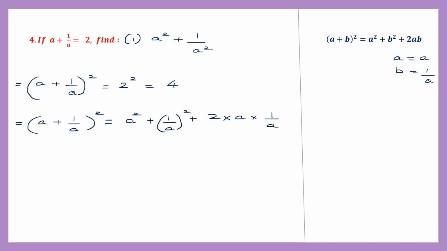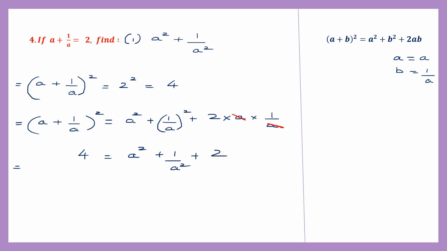So now here what do we do? So this is a plus 1 by a this whole square, which we have found out to be 4. So we can substitute and write 4 here, and here a square is a square, plus 1 square is 1 and a square is a square itself, plus. Now here what can we cancel? I can cancel this a and this a.